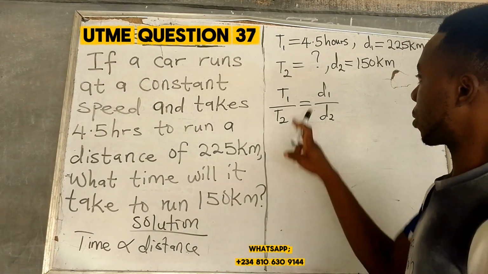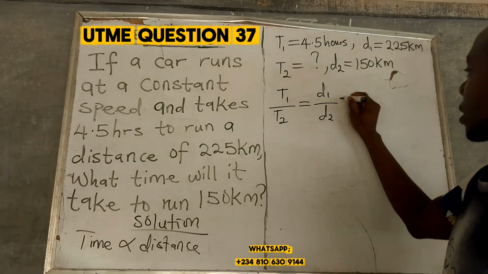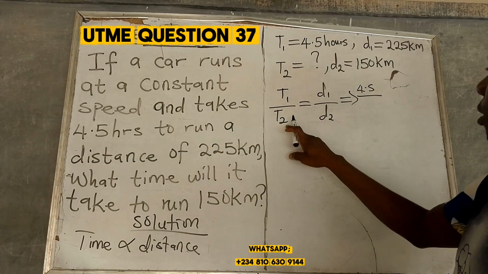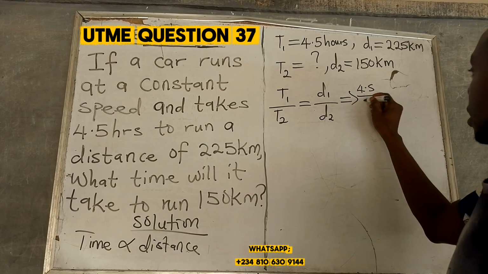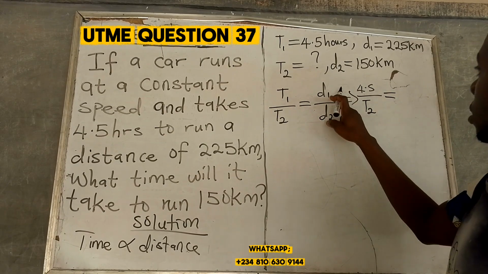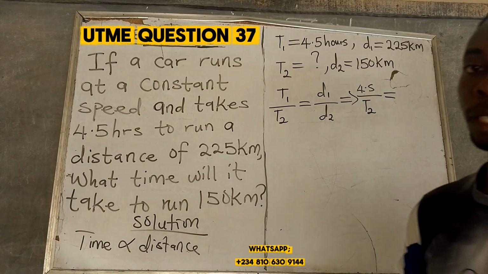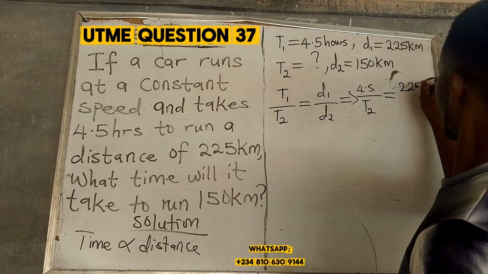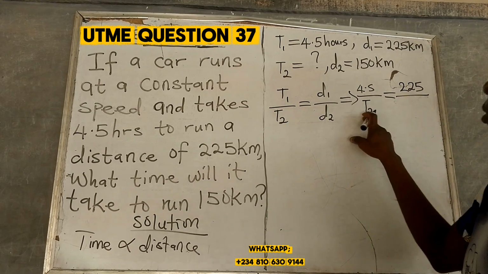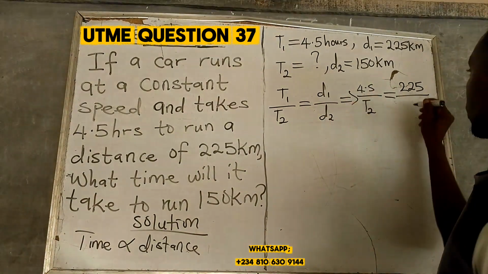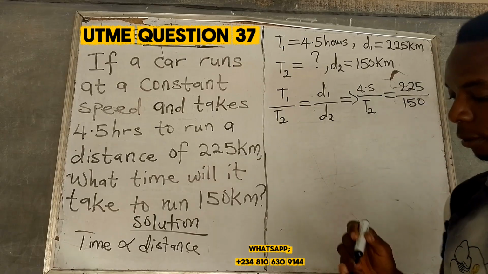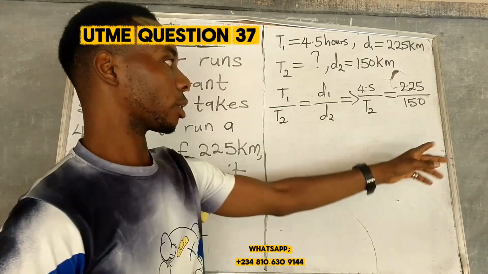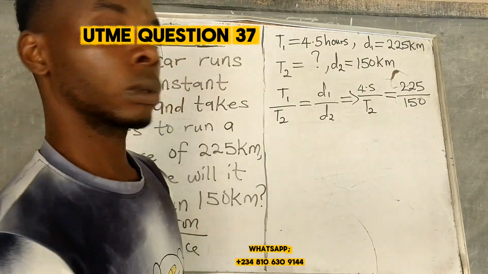Time 1 is 4.5, time 2 is unknown, distance 1 is 225 kilometers, over second distance, 150. From here, we can cross multiply to get our time 2, right?